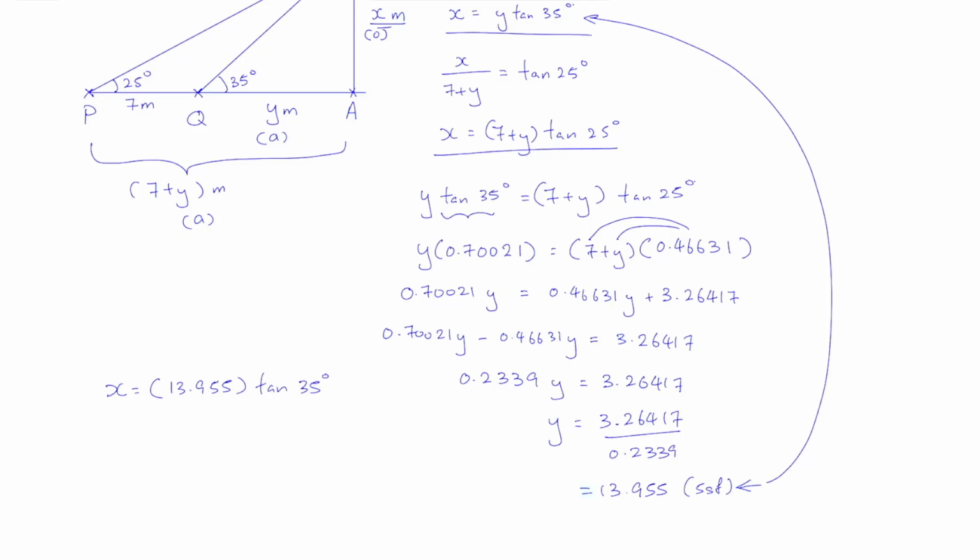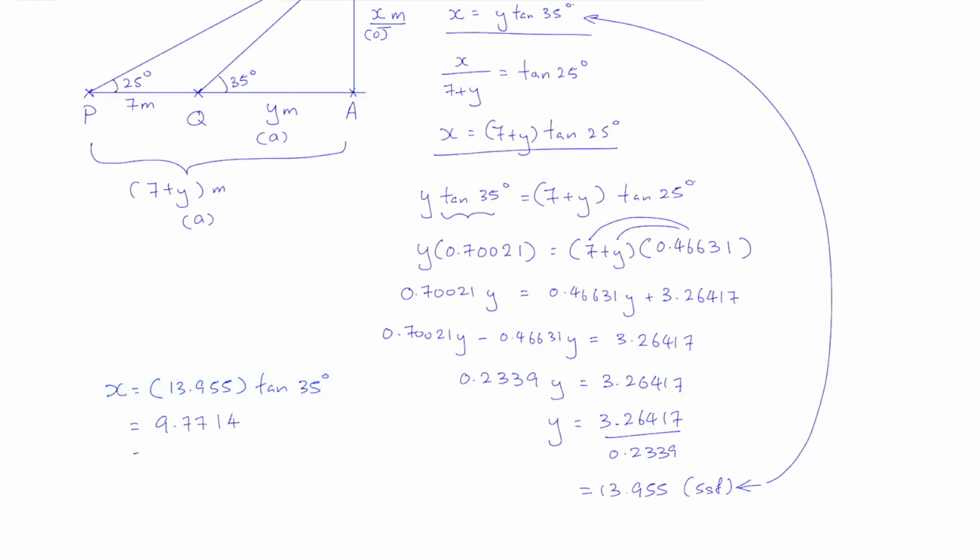Then bracket 13.955 close bracket tangent 35 close bracket equals to 9.7714.